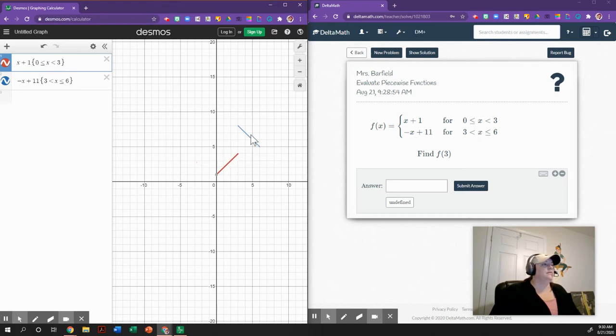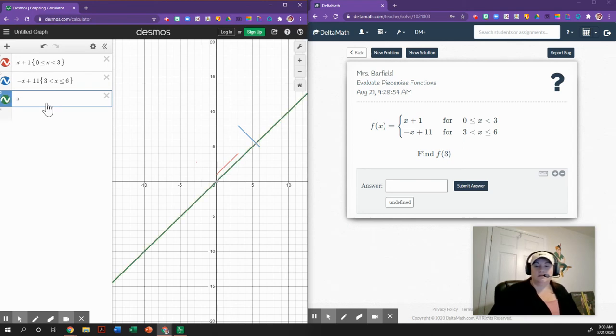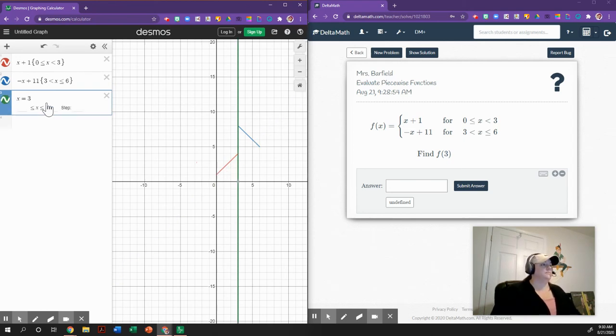Okay, and then if I go here, notice it's solid. Oh, it's undefined. Okay, which that's fine. We got open circles on both ends. And if I go here, solid circle. Okay, so it's saying find f of 3. Okay, so now if you want to, x equals 3.